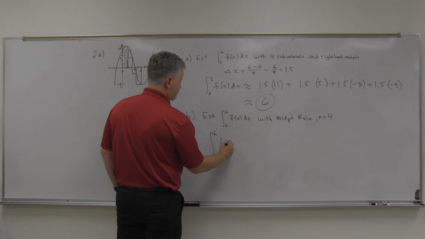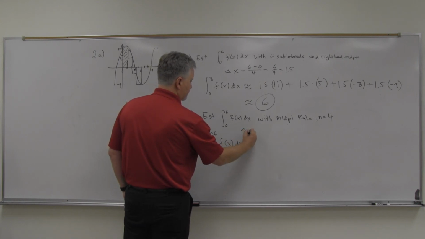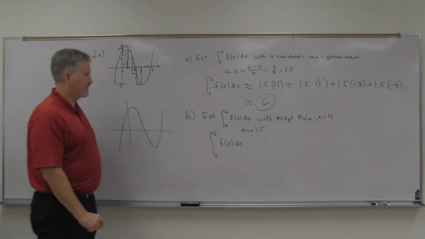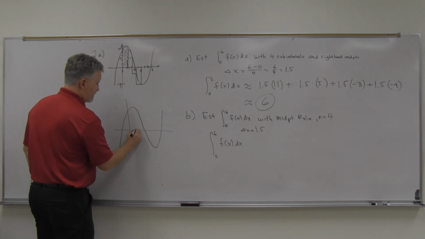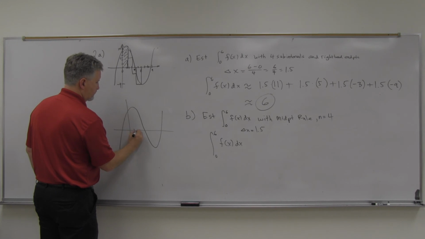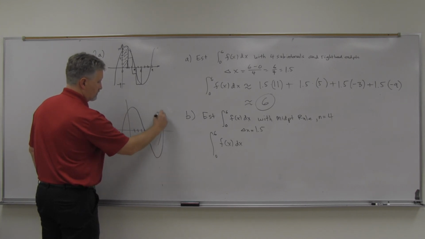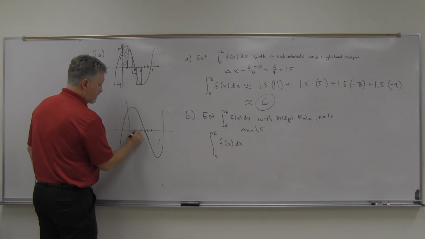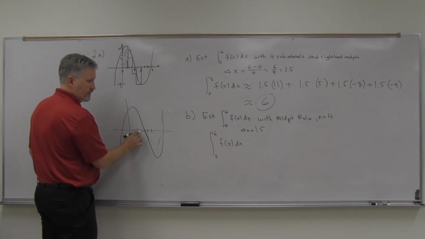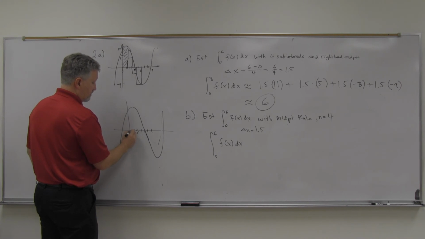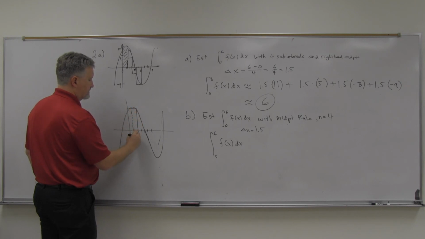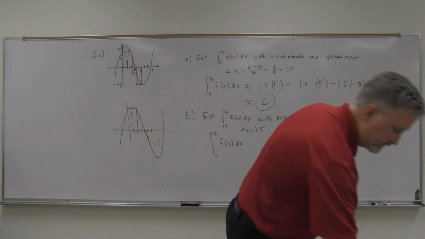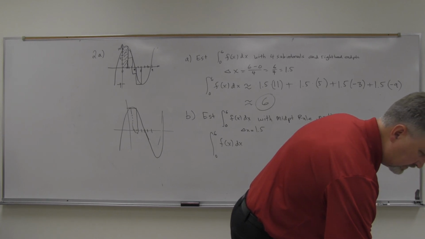So the integral here has the same delta x, 1.5. But I'm using the midpoint rule, so instead of going up at 1.5, I would go at the midpoint there, which would be about 0.75. So I'd go up at 0.75 to get the height of that rectangle. That looks like it's about 10.